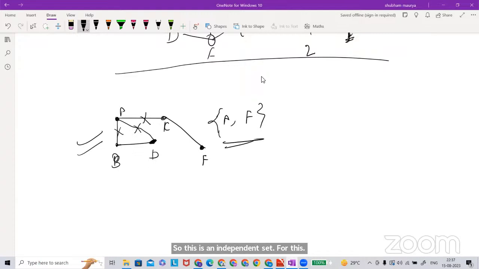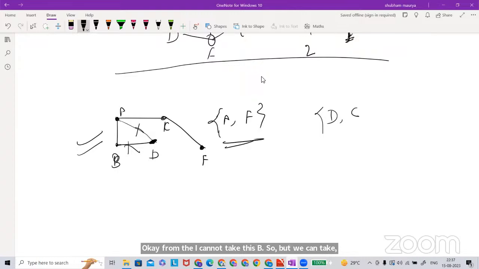A different independent set is also possible. Let's see, I just started with A. Suppose I first took D. Once I took D, I cannot take A, and I cannot take B. But we can take C, because there is no edge.